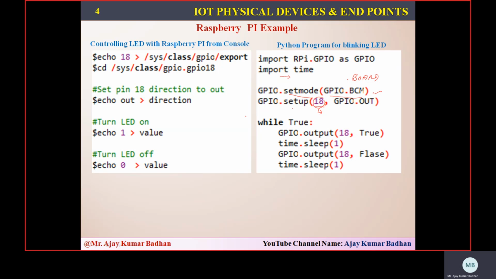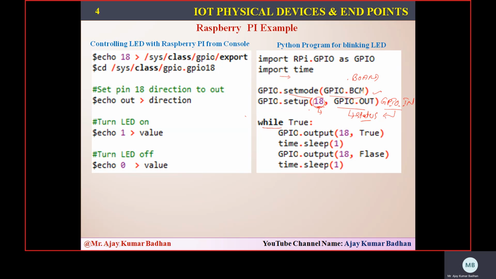So I'm writing GPIO.setup(18), and this is nothing but the status of the pin: whether I'm using it for input or for output. Since I want to turn the LED on or off, I want to output it, so I'm using GPIO.OUT. In case I want to give input to pin number 18, then it will be GPIO.IN. So you can see the variations here.